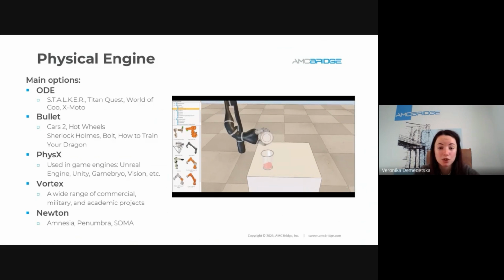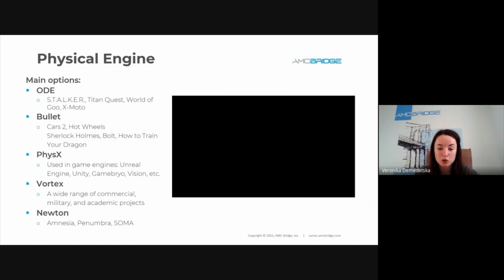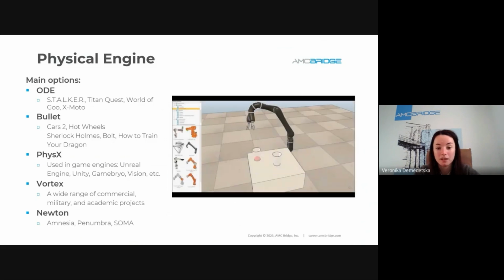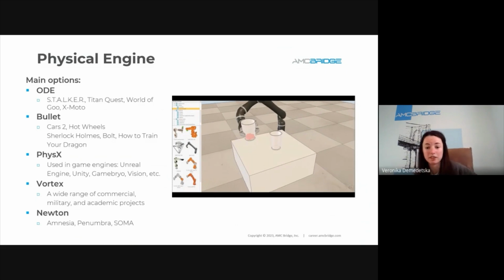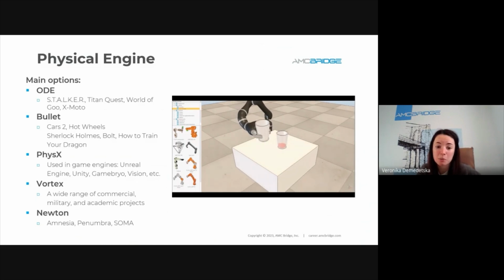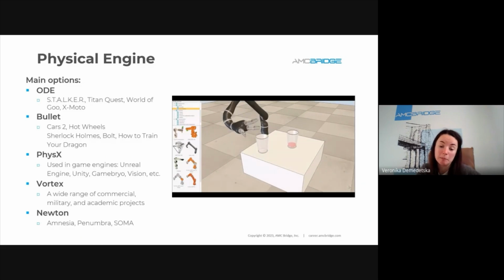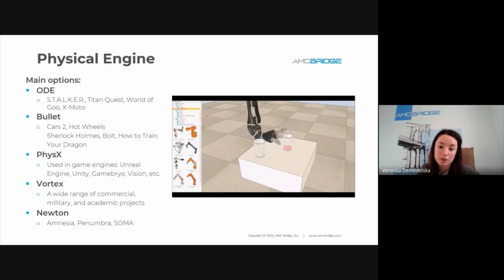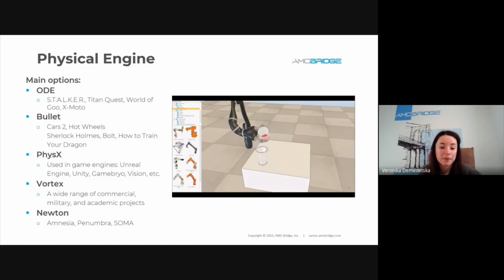Bullet is also a very popular physical engine, mostly used for animation and 3D graphics in films and cinema. PhysX is more about simulation in CAD systems, in some university research or something like that.